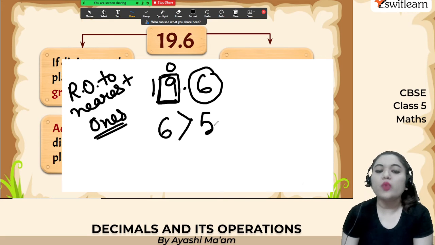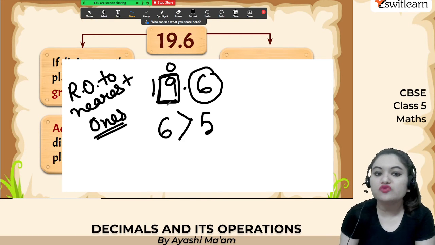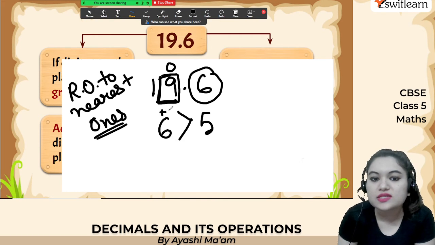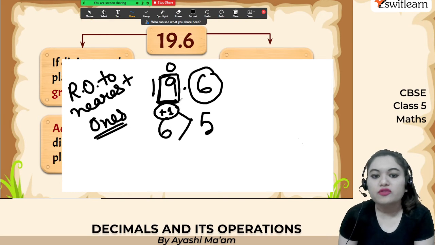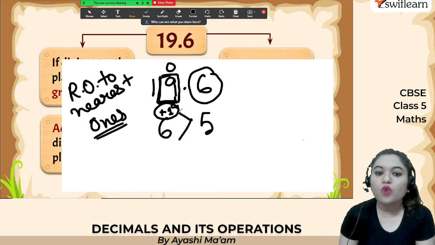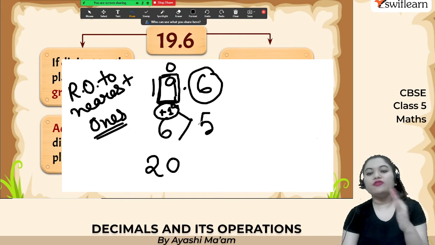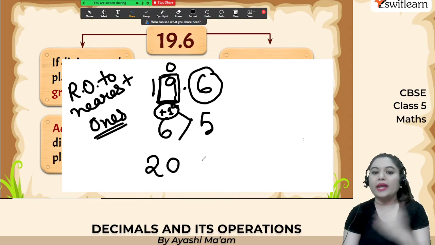Alright. So whenever this rightmost digit is 5 or greater, we will do a plus 1 to this ones digit, to this 9. Then what will happen? It will become 20. To this 19, to this 9 we are doing a plus 1, so it is becoming 20.